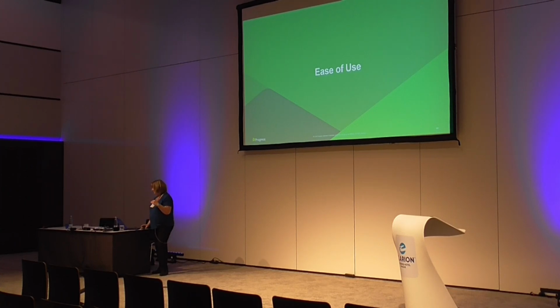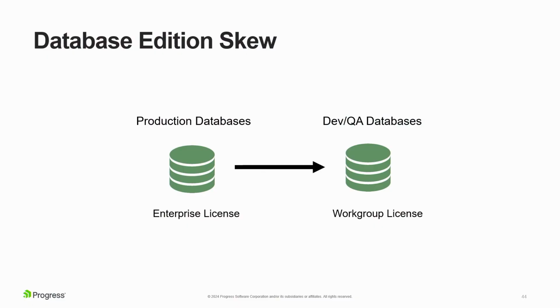Now I'm going to do a handful of items that are ease of use, and these also tend to be things where either you have this issue or you don't. It's not a feature that you'll want to pick up. The first couple are about something I call database edition skew.